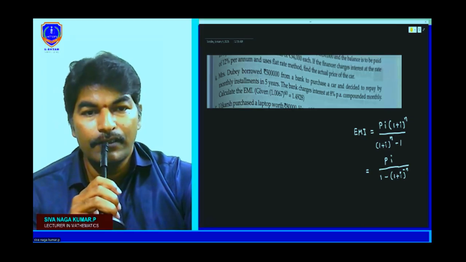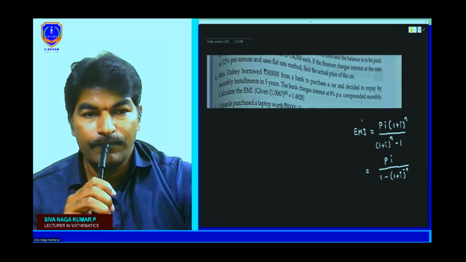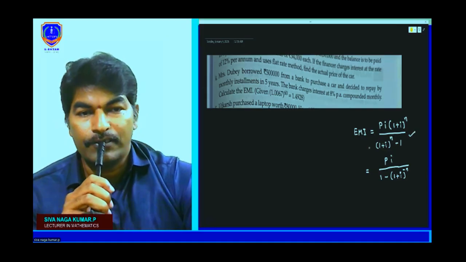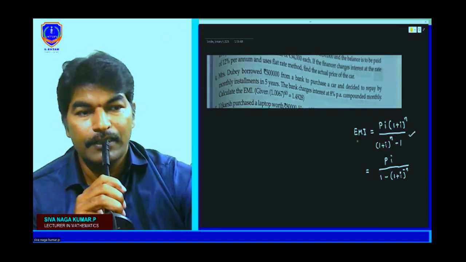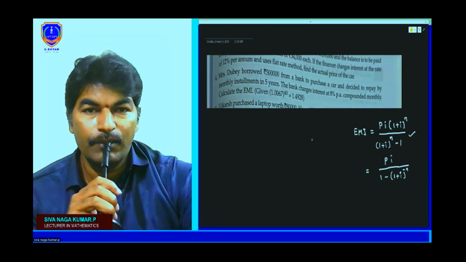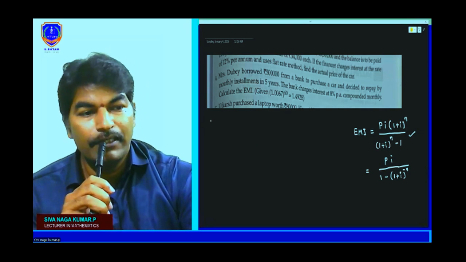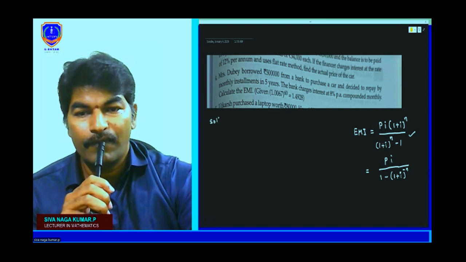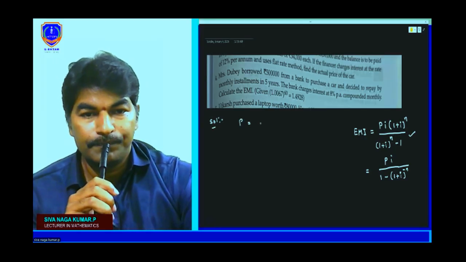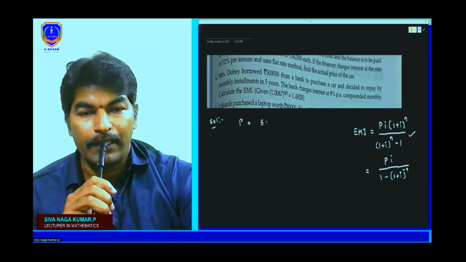Okay. So for this scenario, according to the clue and the description, I am selecting the first rule to solve this question. What are the terms we need to solve this question? First, we need the borrowed amount, which will be taken as P. P is equal to 5 lakhs.